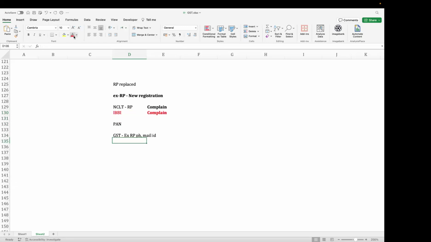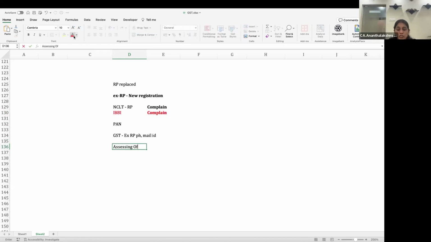And obviously there is a credit balance and cash ledger balance. We'll do another one also, sir. For the issue, we can use the PAN and the place where it is registered to identify the assessing officer, which office it falls under. Based on that, you can go and submit the query with them also.